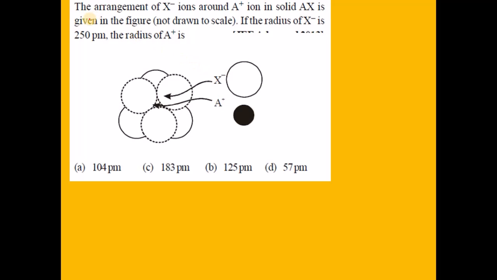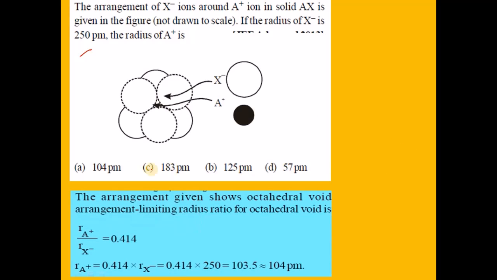Next question. The arrangement of X minus ions around the A plus ion in solid AX is given in the figure, not drawn to scale. If the radius of X minus is 250 picometers, the radius of A plus is how much? See, the arrangement given shows that an octahedral void is there.